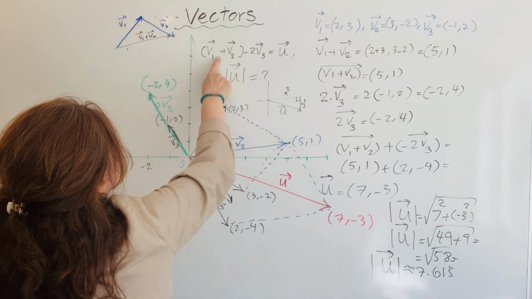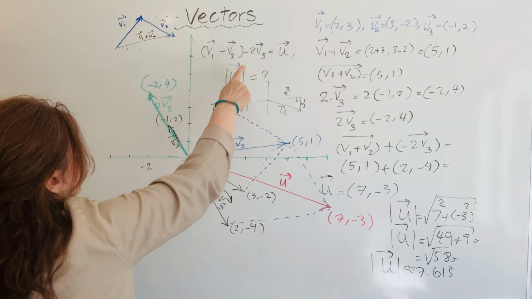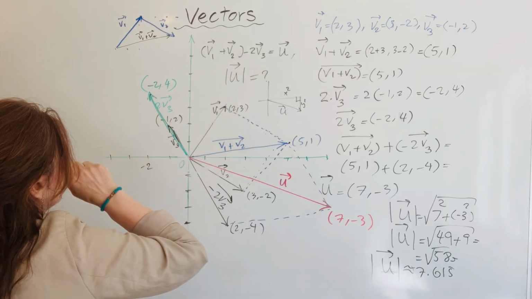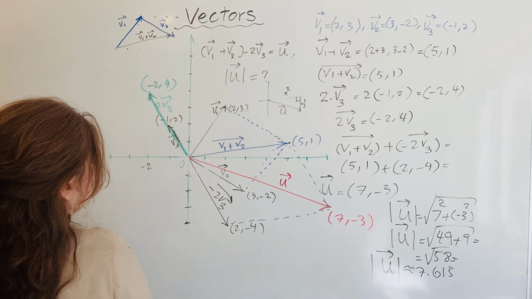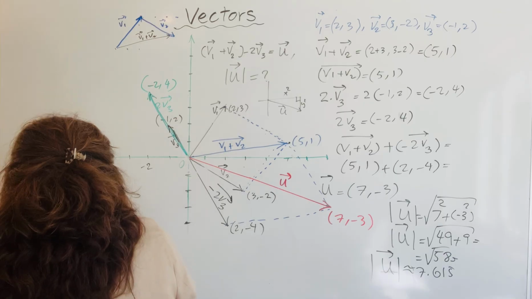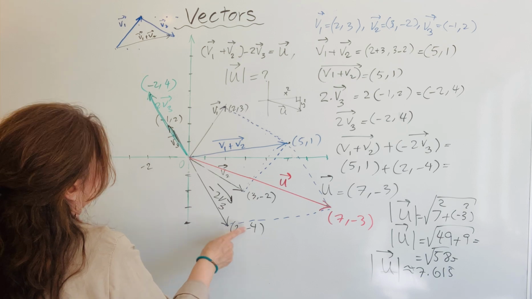V1 plus V2 plus negative 2V3. What is V3? Negative 2V3 was this: 2, negative 4.